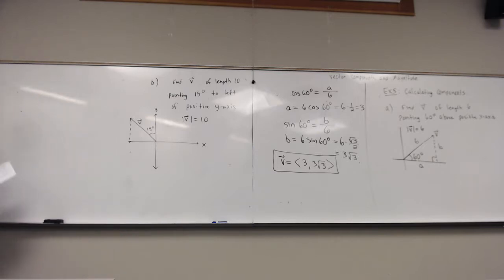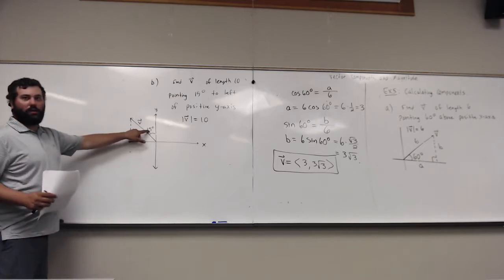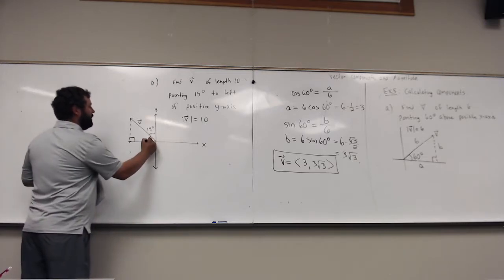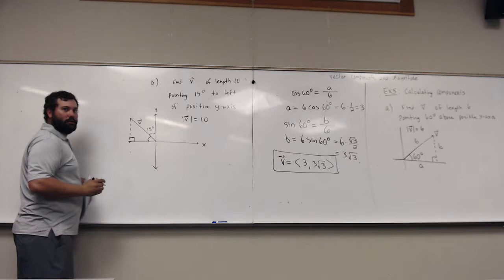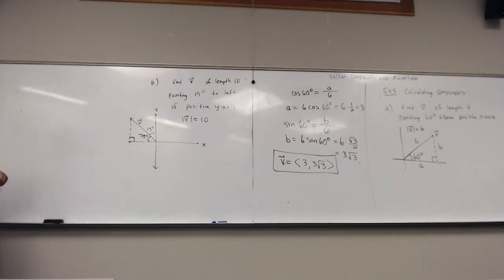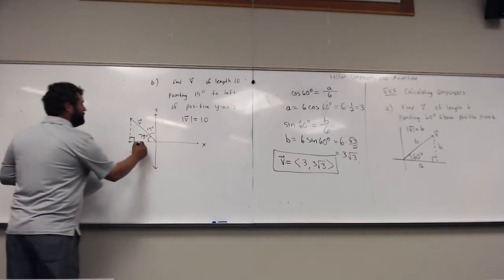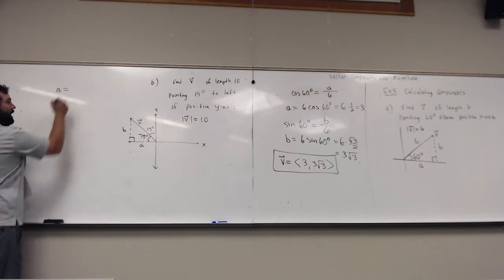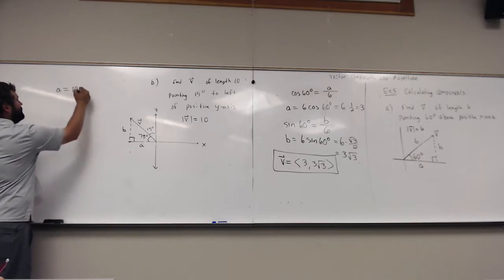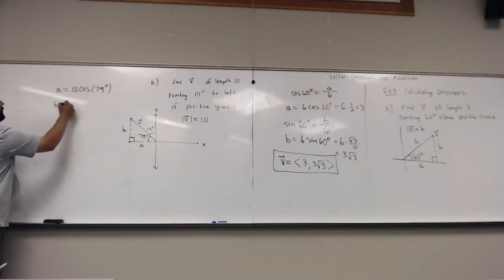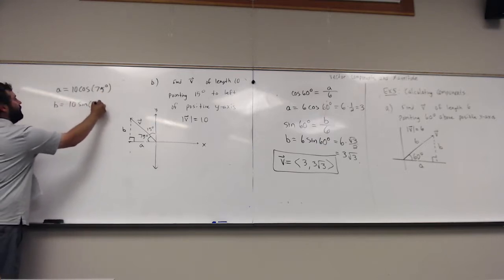Okay. Now if this angle is 15 degrees, the right triangle that I've formed has an inner angle down here of what? That should be 75 degrees. And if I, again, just like before, call this A and call this B, A is going to be 10 cosine of the 75 degrees, and B is going to be 10 sine of the 75 degrees.